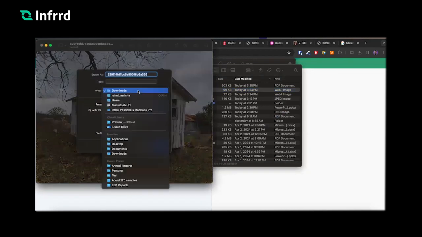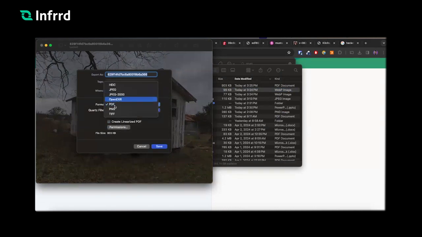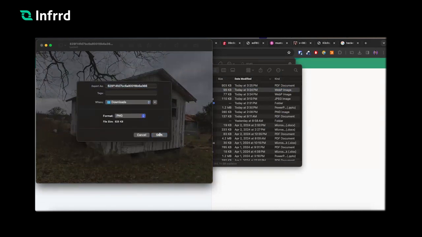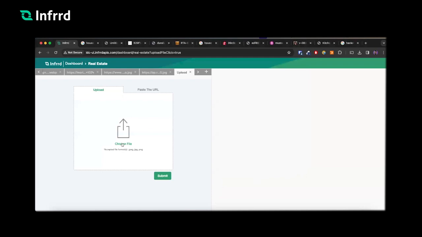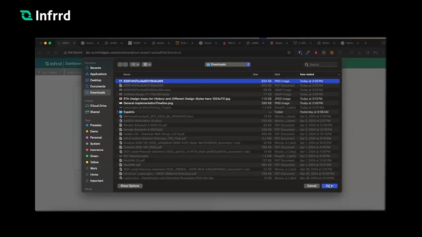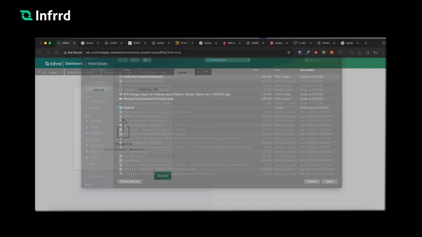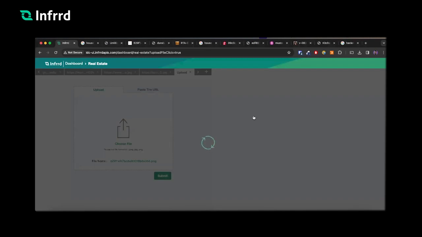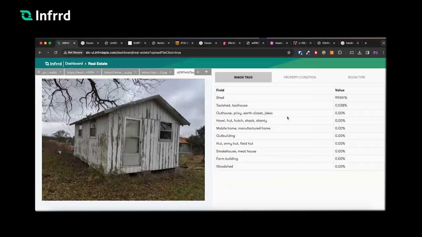Or as a PNG. Okay. Wow, that was worth the wait. I think there are some issues with these URLs.